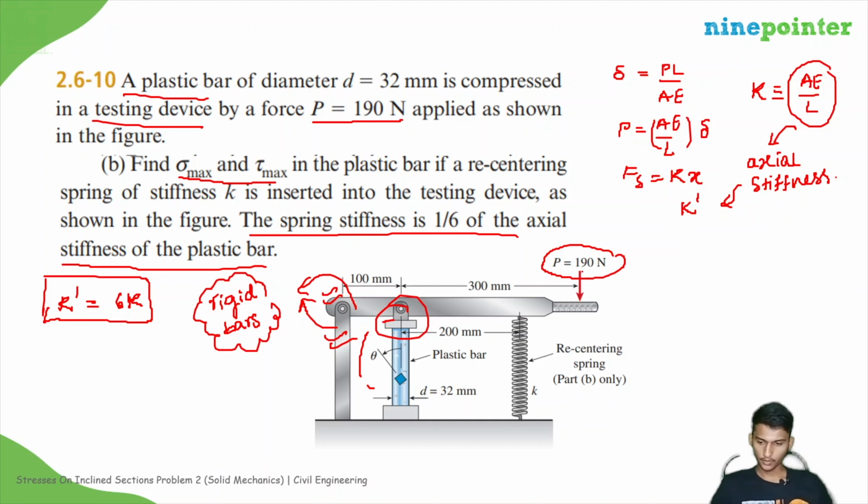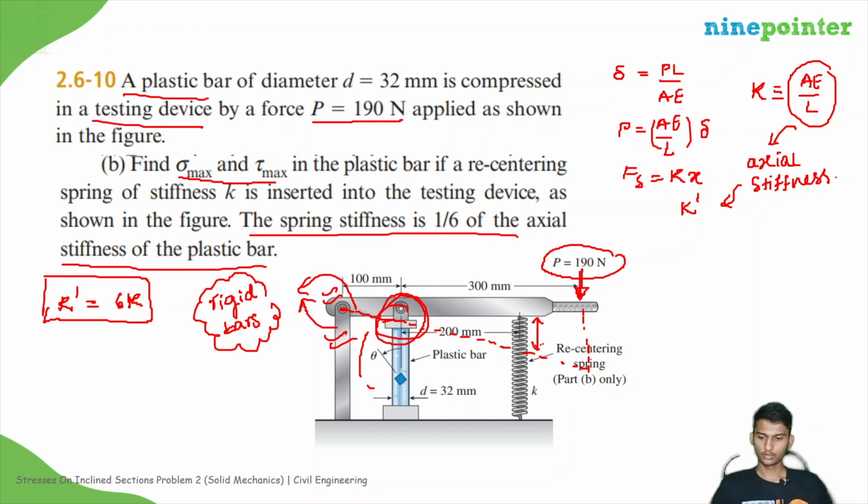If you apply 190 Newton force here, it will try to go down. That will compress the spring, and similarly it will compress this plastic bar, but it won't be able to compress this bar because it is rigid. So the deflected shape will be something like this.